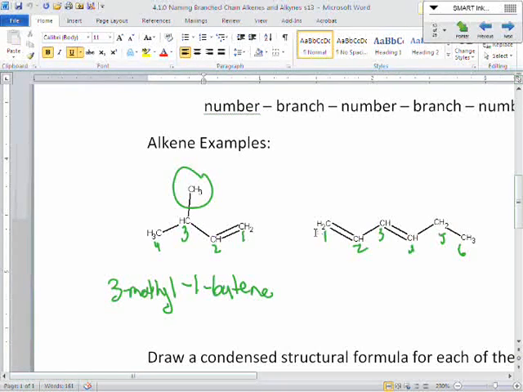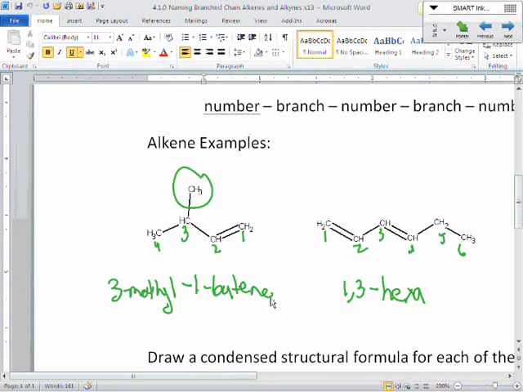Now, it's a hexene, but it has a double bond after the first carbon and a double bond after the third carbon. So this is a 1,3-hexa, and we put the A on the end of the hex, just like buta, tetra, penta, hexa.